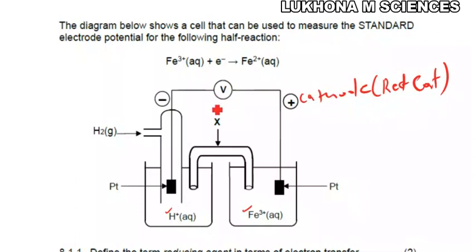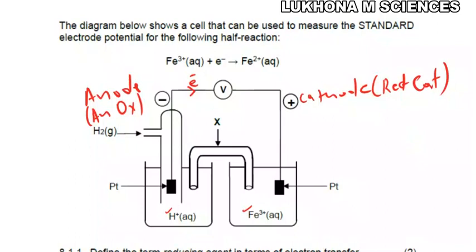This one is an anode, meaning that you must think of an ox, meaning that oxidation takes place at the anode. On this side there is a loss of electrons, which means the electrons are moving from the hydrogen to Fe3+.